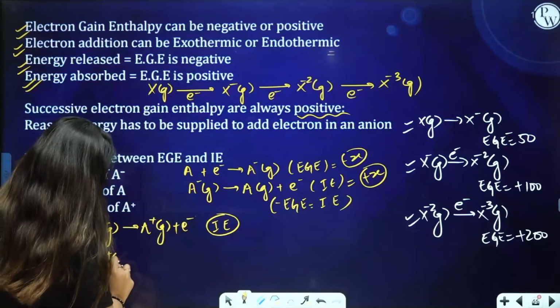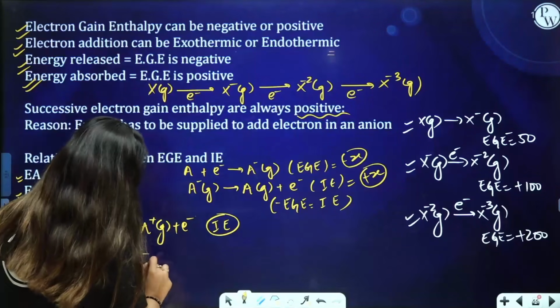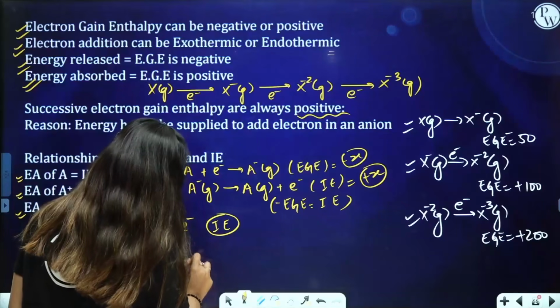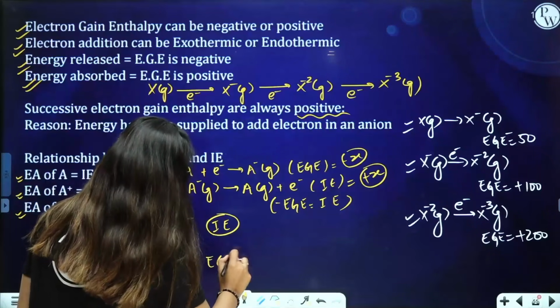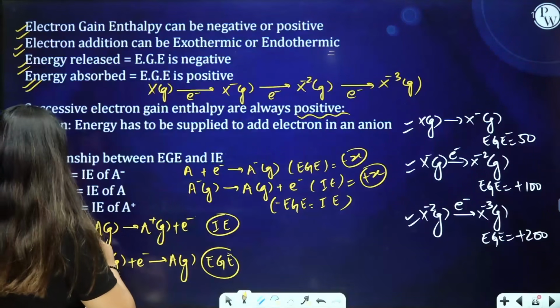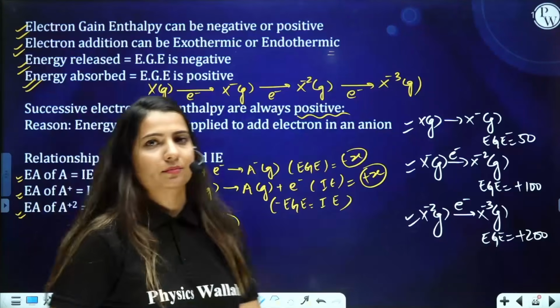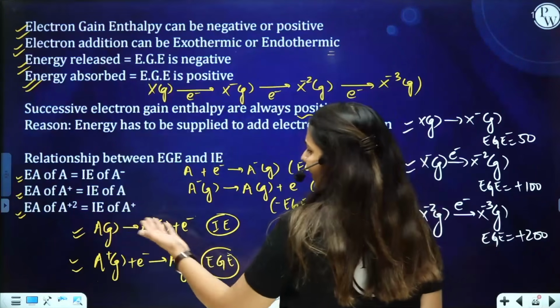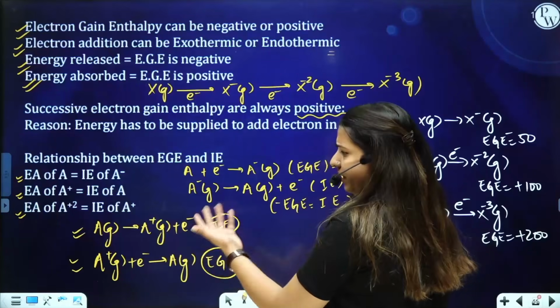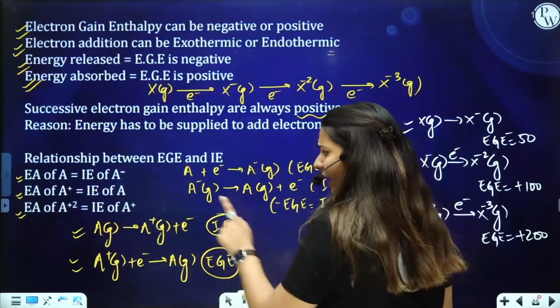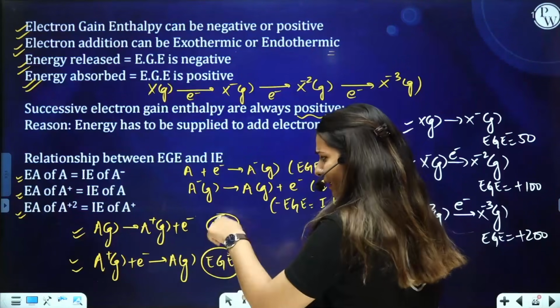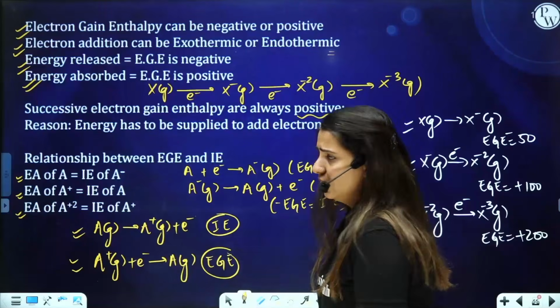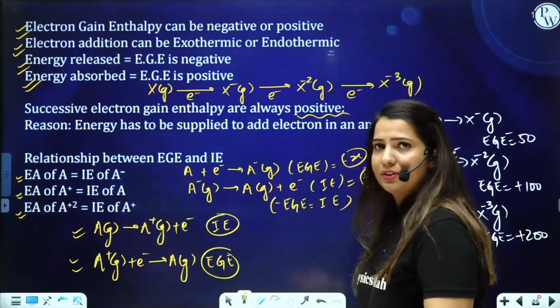Now you are accepting one electron into A positive gaseous and forming A gaseous. This is electron gain enthalpy. So they will have a relationship with each other with a negative sign. It's a very simple statement. You are removing an electron, right? You're forming A positive gaseous. If you want to add that electron again, you have to supply the same amount of energy. So these relationships are defined on the basis of this statement.